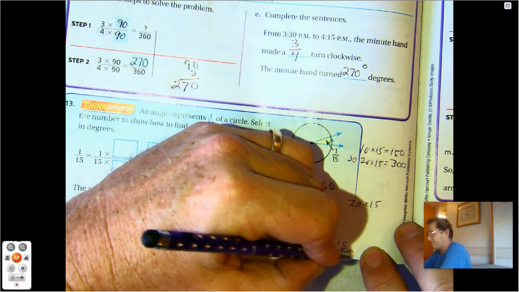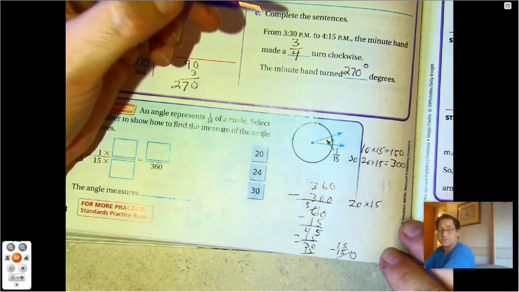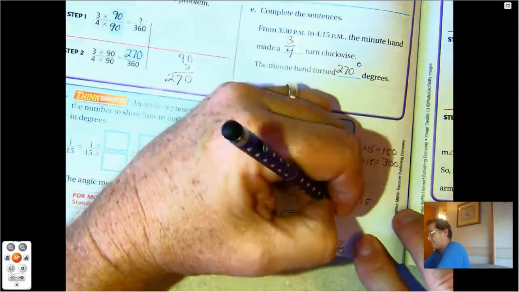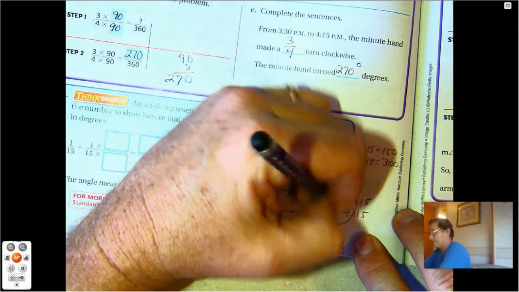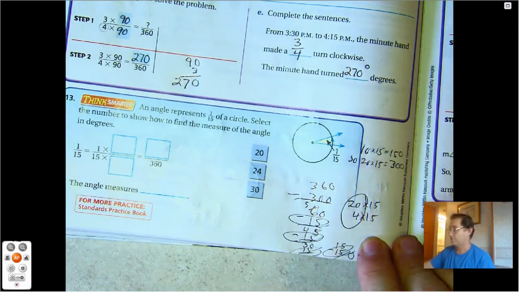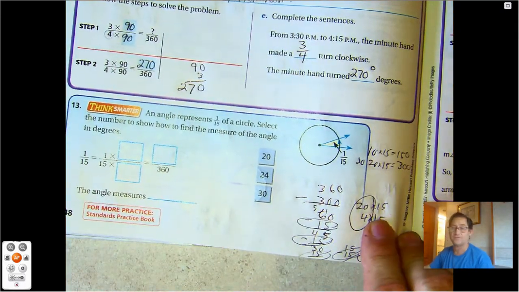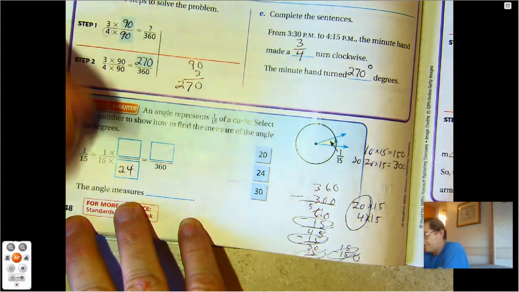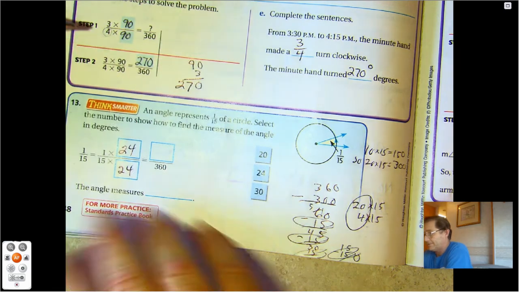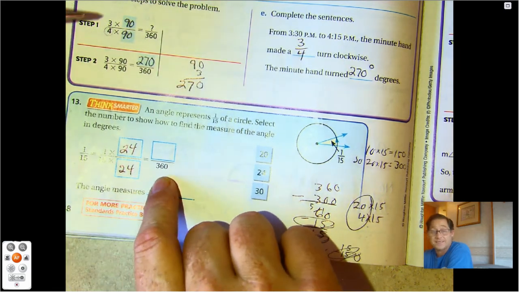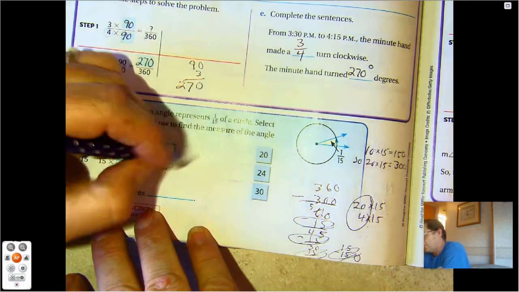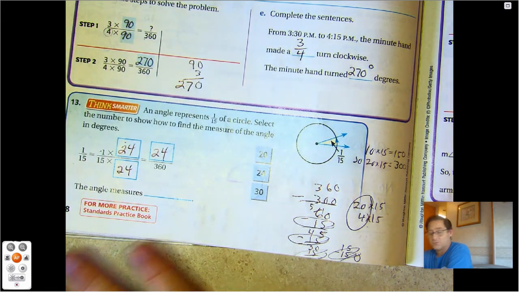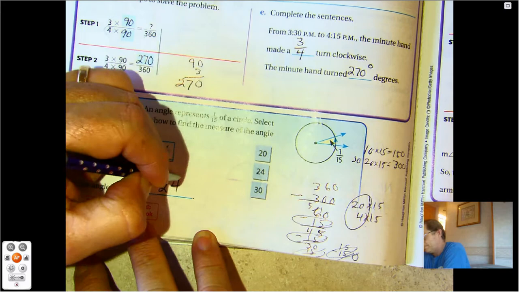And 15 take away 15 is 0. So we subtracted 15 1, 2, 3, 4 more times. So 20 15s and 4 15s were taken away, 24. So we're going to multiply 15 by 24 to get 360 equal parts. And 1 times 24 is 24 degrees. So the angle measures 24 degrees.